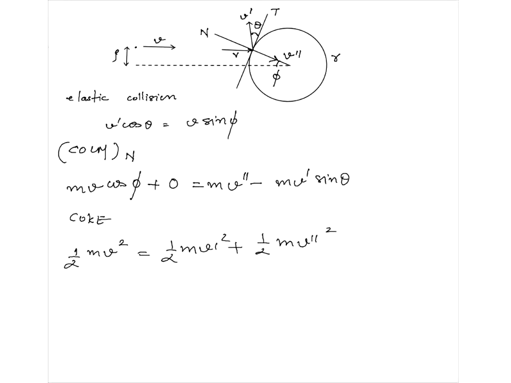Alright. 3 equations, 3 unknowns. Can you find V dash, theta and V double dash?